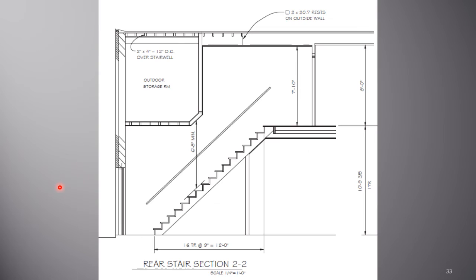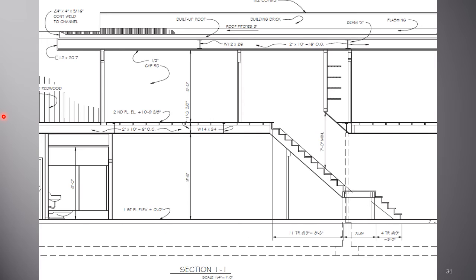So let's look at some of the framing. Here's section 2-2. Notice 2x4s are called for 12 inches on center above the stairwell. A channel, that's what this symbol means, a channel 12 inches deep, 20.7 pounds per foot, rests on the outside wall.